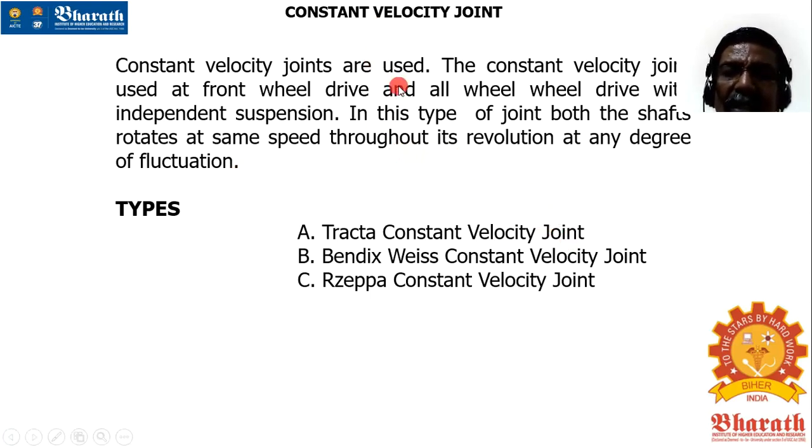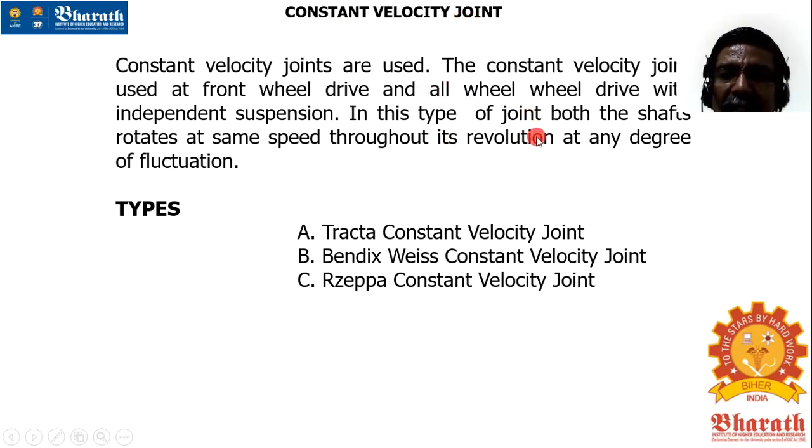Suppose the constant velocity joint is not there in the front wheel, where the wheel has a tire. Then the angular velocity fluctuation within one rotation will create unnecessary or excess wear and tear of the tire or the wheel. So it is ultimately a loss for us. That shouldn't happen. That is why the constant velocity joint is a must, especially for the front wheel driven vehicle, because it is steered.